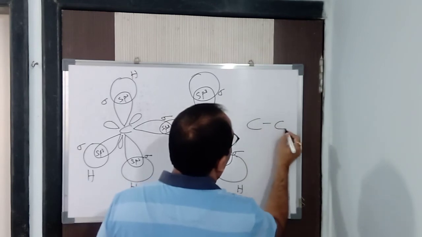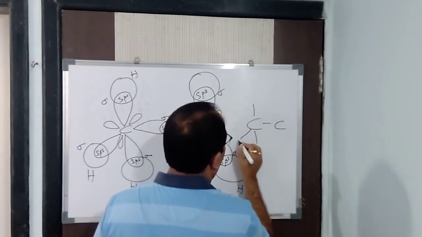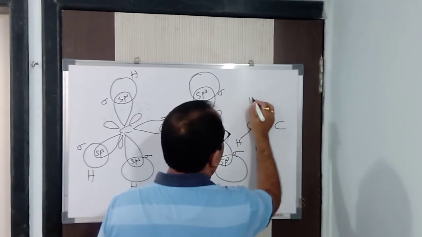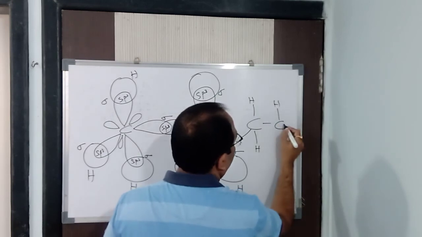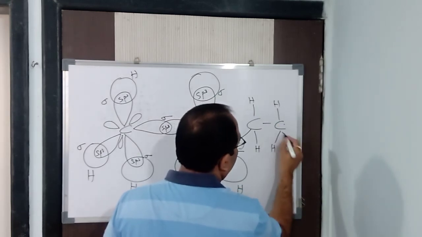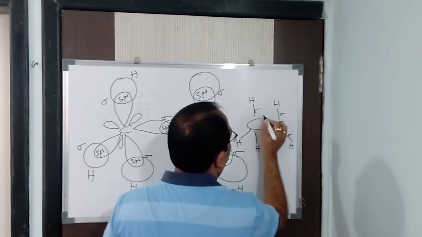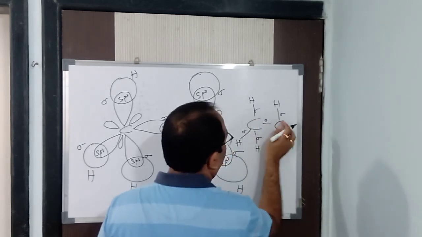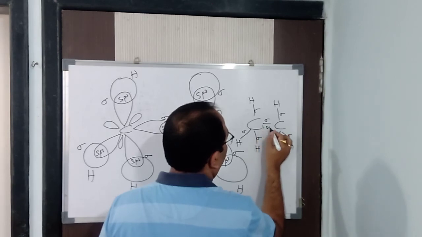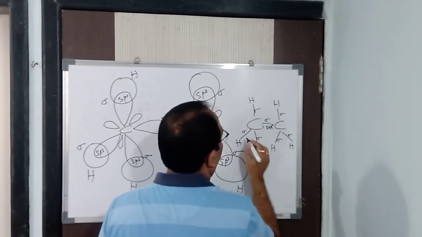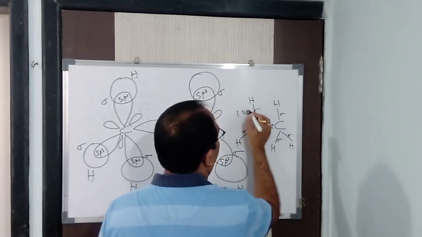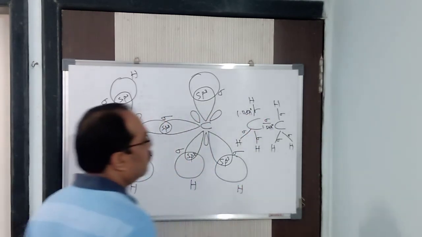Now the equivalent diagram I will draw here: H, H, H, H, then H and then H here. Sigma, sigma, sigma, all is sigma. Carbon-carbon you can write as 1.54 angstrom, and carbon-hydrogen you can write as 1.08 or 1.09 angstrom, whatever you like.